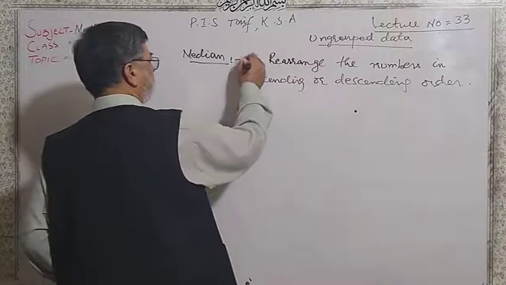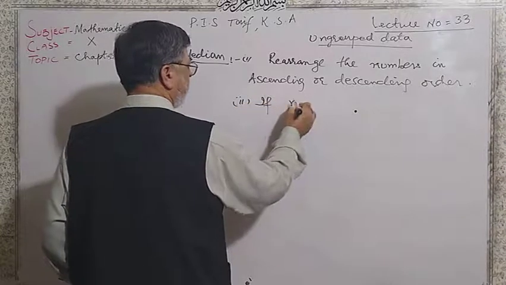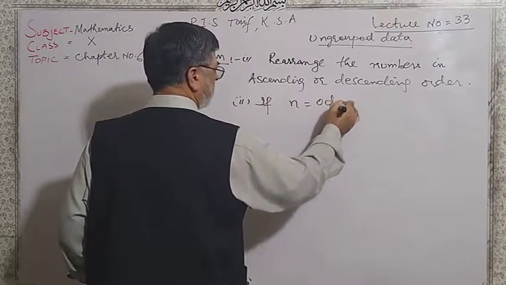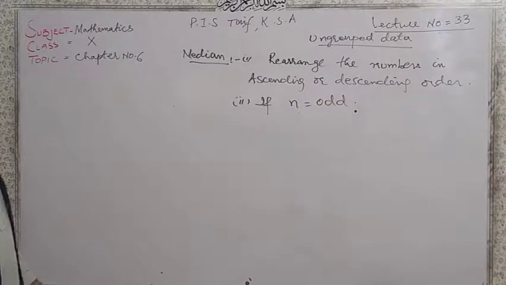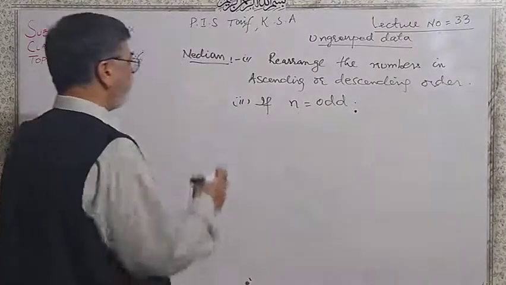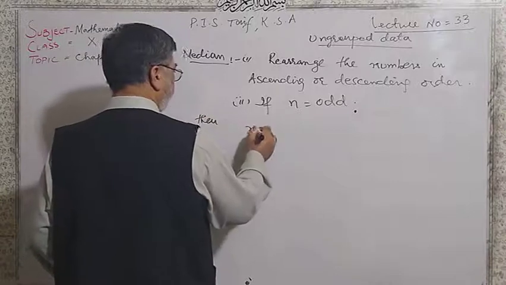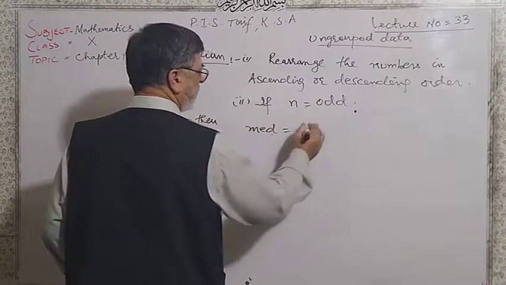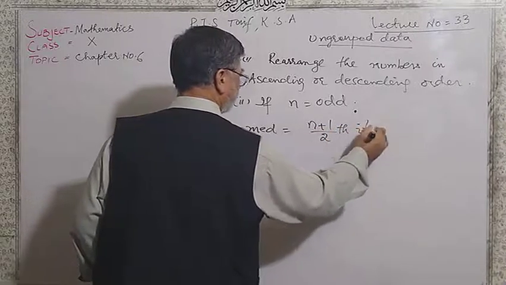First step is that. Secondly, if n is odd, any number of values are odd, maybe 3, 5, 7, 9, 11, etc. If n is odd, then median will be equal to the (n plus 1) over 2th item.